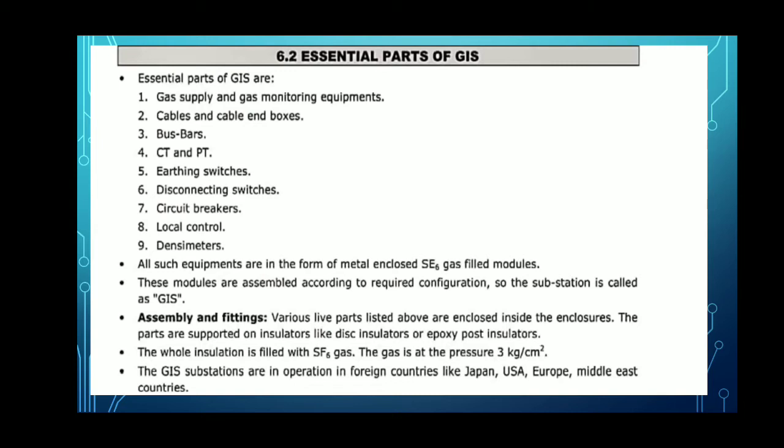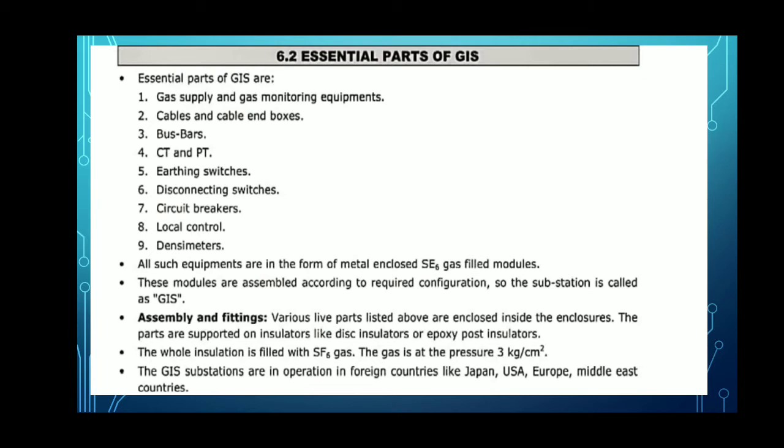Then we have to see the assembly of the gas insulated substation. Here all the equipment is made metal enclosed, and the modules are filled with SF6 gas. These modules are assembled according to the required configuration, with fitting of the different parts. The various live parts listed above are enclosed inside the enclosure.